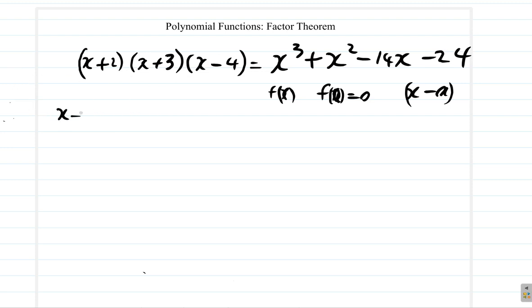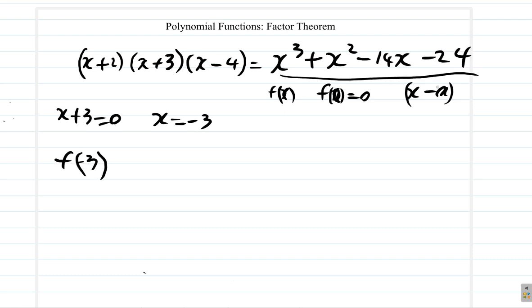If we made x plus 3 equals 0, then x is negative 3. So if we put negative 3 in here, we should get 0. And if f of negative 3 is 0, then x minus negative 3 is a factor. So x plus 3 is a factor.